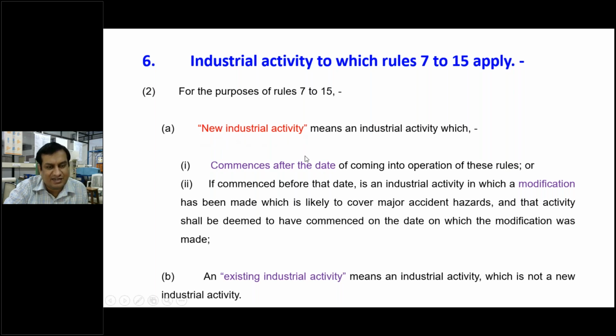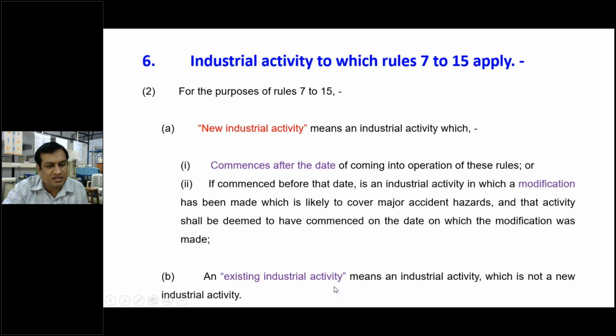Because this industrial activity is added after the date of commencement of these rules. Or if some activity is modified, rectified, or some changes are made in that activity, then also it is called a new industrial activity. So under this new industrial activity, these are the two sub points.